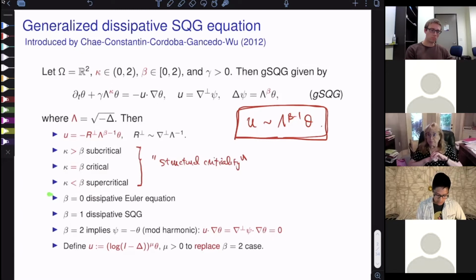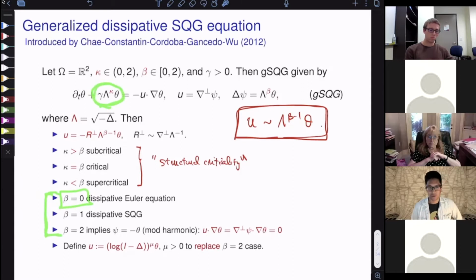Okay, and the reason why it's called the generalized SQG equation is because at the endpoint beta equals 0, it reduces to the dissipative Euler equation, sometimes referred to as the strongly damped Euler equation. Of course, when gamma is identically 0, and this term is in here, then the equation becomes inviscid, and you have the Euler equation. When beta is equal to 1, this is the case of the surface quasi-geostrophic equation.